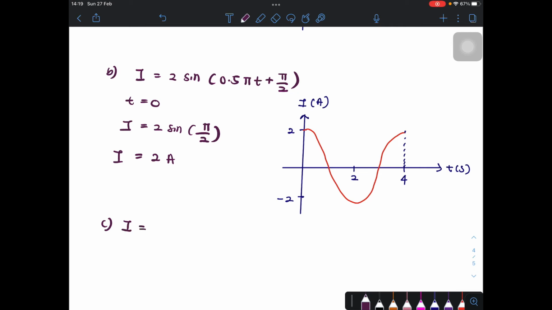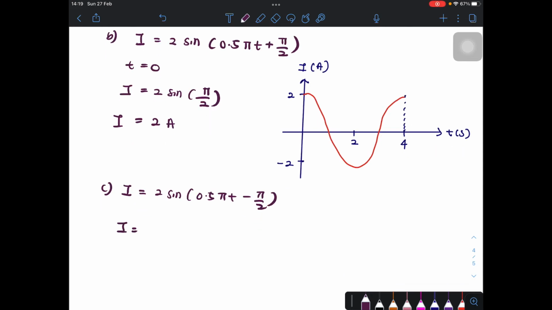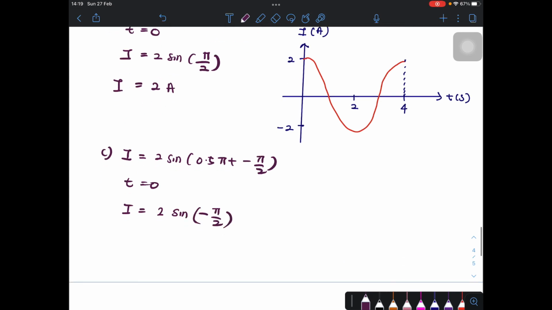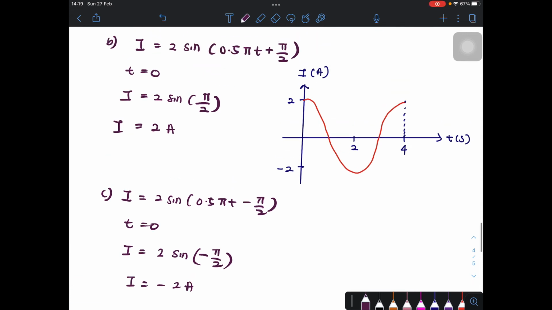So kita substitute that value of t, 2 sine 0.5 pi t minus pi over 2. And then kita substitute t sama dengan kosong. I will be equal to 2 sine negative pi over 2. So kamu akan dapat I sama dengan negative 2 ampere.